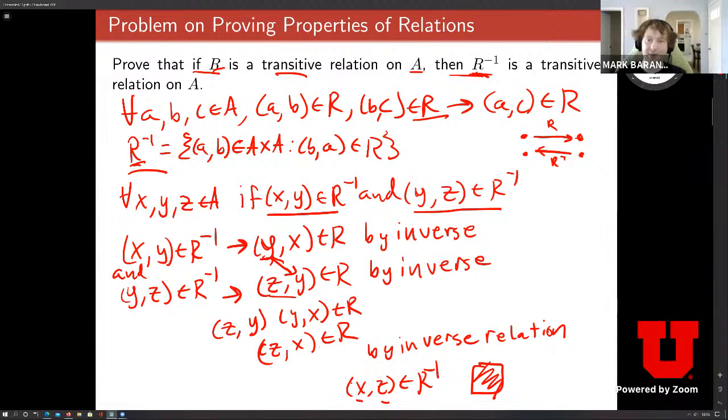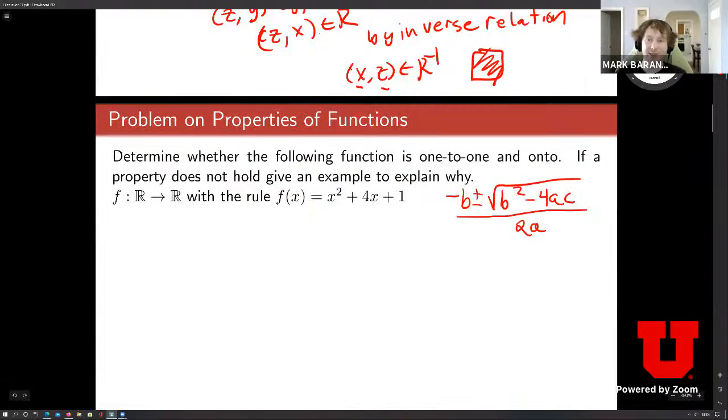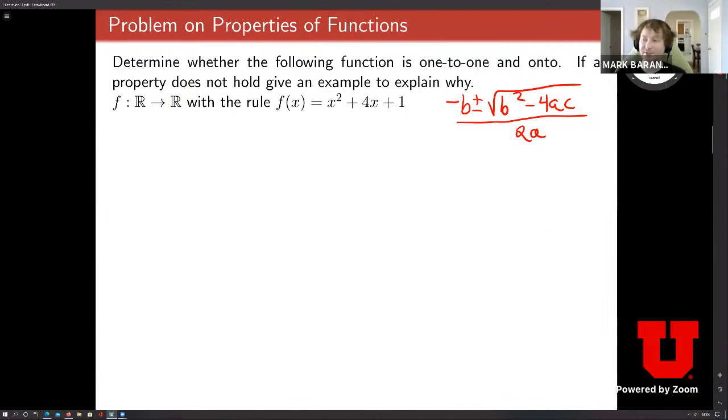Okay, next one. This one's fun. You're not going to be doing something like this on the quiz. You're not going to be doing crazy math like this, but it does demonstrate some important things.